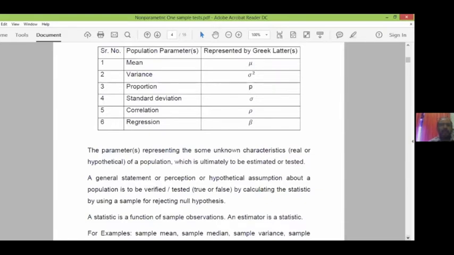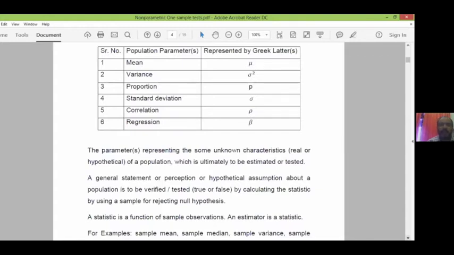The parameters represent some unknown characteristics, real or hypothetical, of a population, which are ultimately to be estimated or tested. So our main goal here is to estimate the unknown characteristics of a population. These unknown characteristics are represented by what we call a parameter.